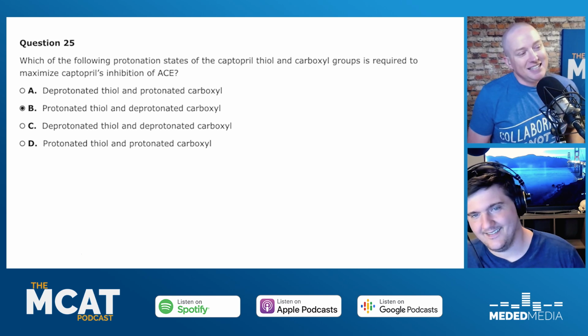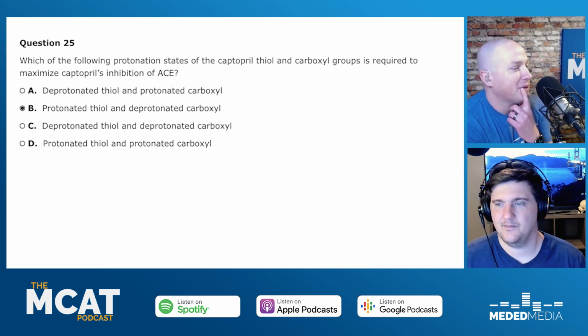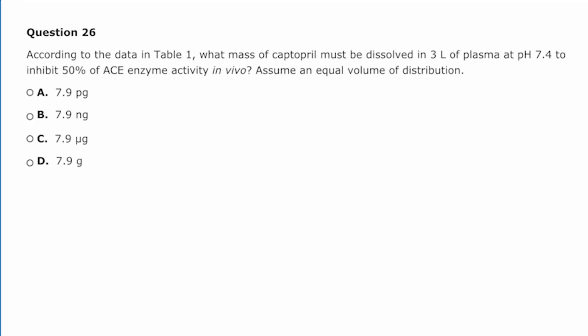Yes. All right. Question 26. According to the data in Table 1, what mass of captopril must be dissolved in 3 liters of plasma at pH of 7.4 to inhibit 50% of ACE enzyme activity in vivo? Assume an equal volume of distribution.